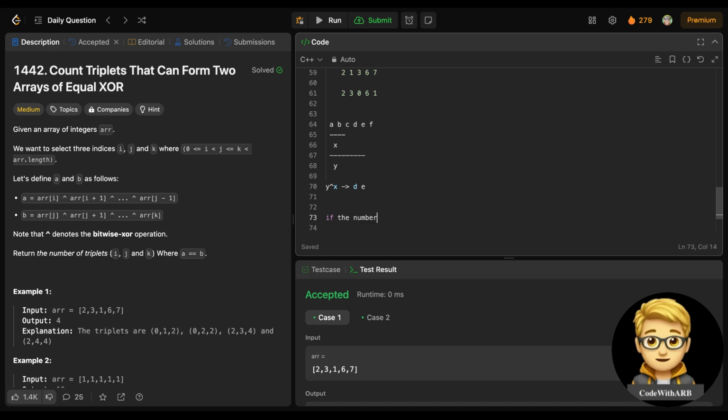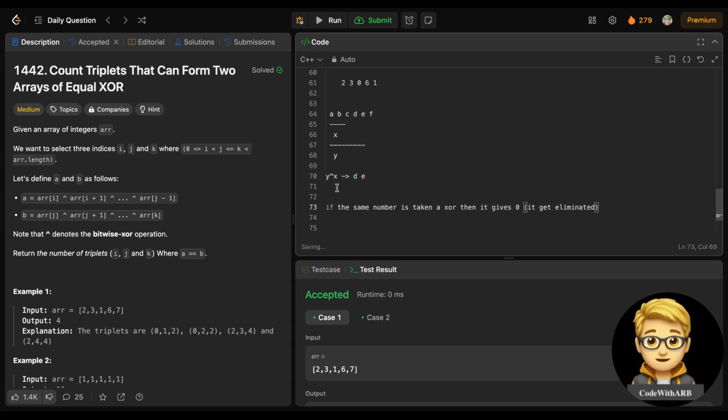And you already know that if the same number is taken an even number of times, it gives 0. It gets eliminated, right? So what is it doing?